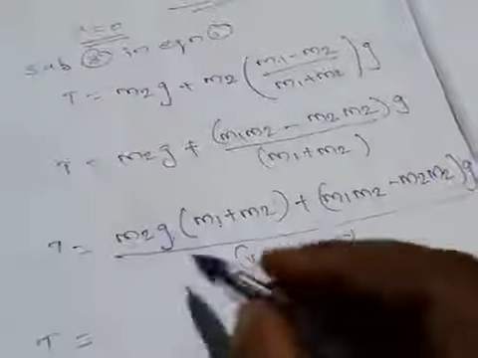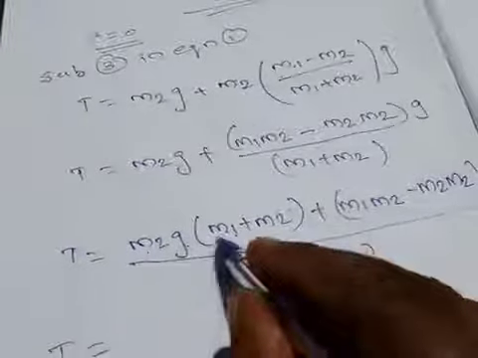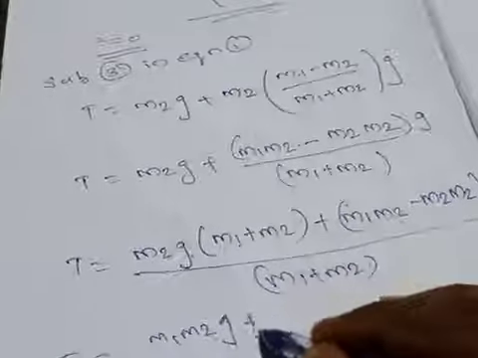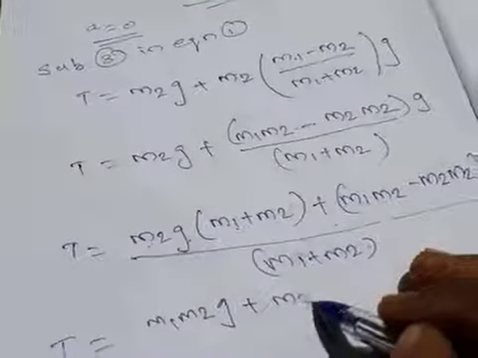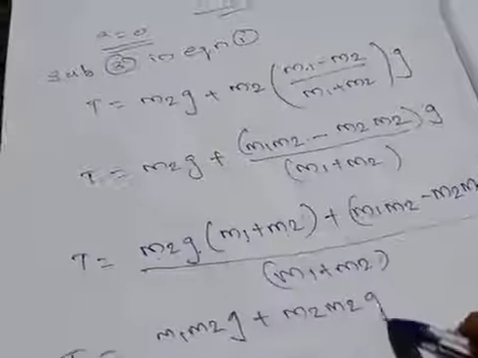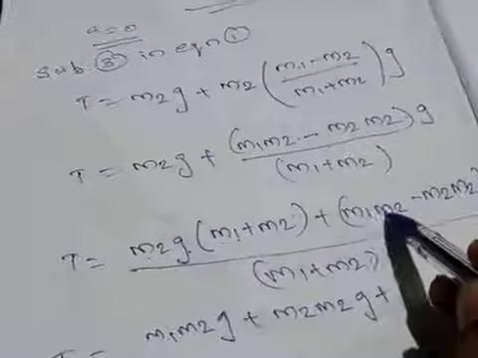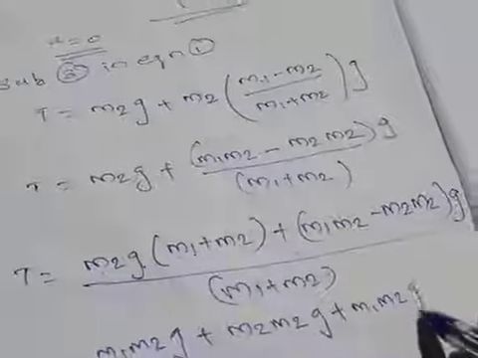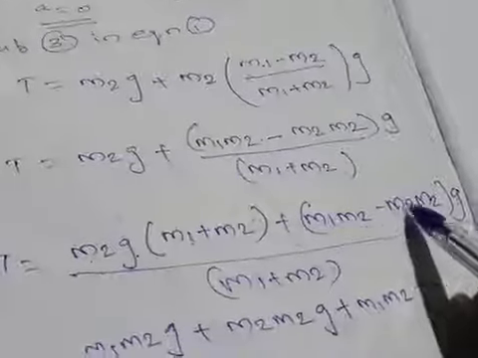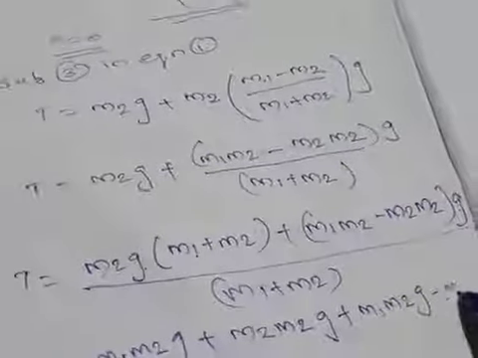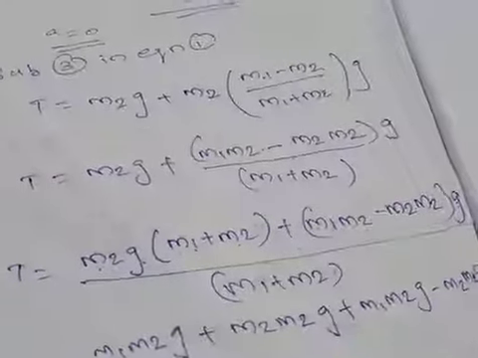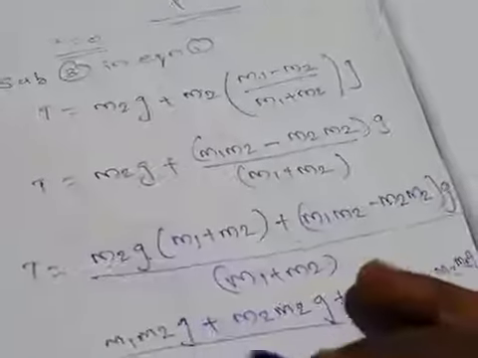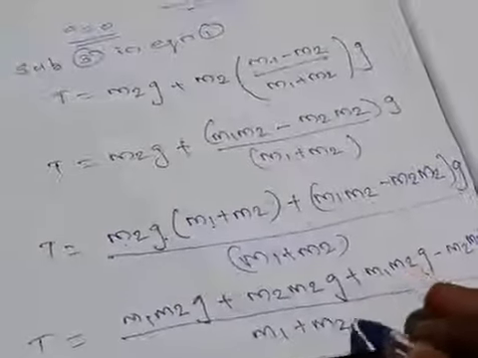So T is equal to M1 M2 into G plus M2 M2 into G plus M1 M2 into G minus M2 M2 into G, divided by M1 plus M2.